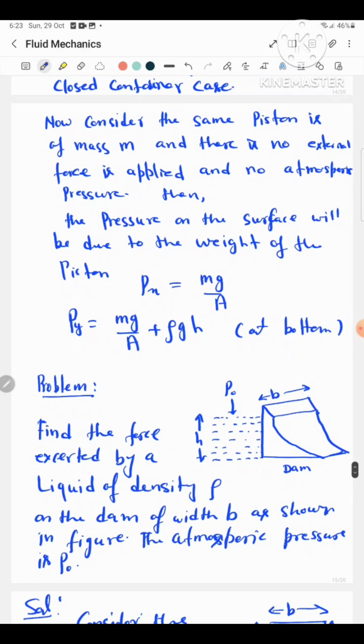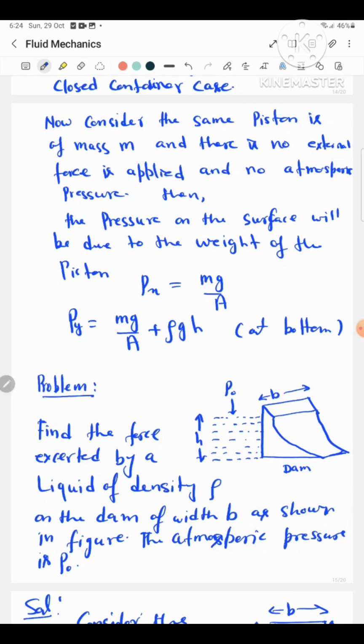Now consider another situation, the same piston of mass m. Suppose it is mentioned in the question that the piston is of mass m, but no external force is applied and no atmospheric pressure will be taken into account. The pressure on the surface will be due to the weight of the piston only.